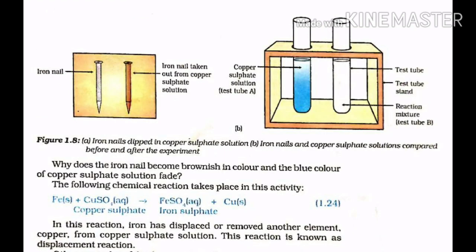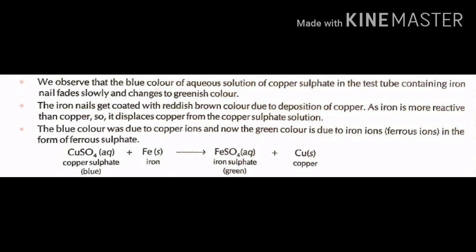We observe that the blue color of aqueous solution of copper sulfate in the test tube containing iron nail fades slowly and changes to greenish color. The iron nails get coated with reddish brown color due to deposition of copper.